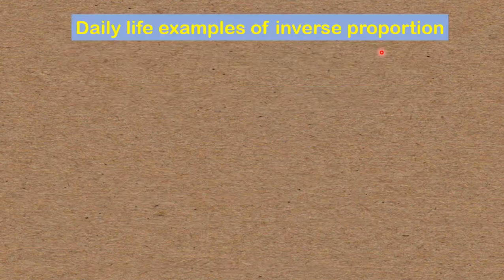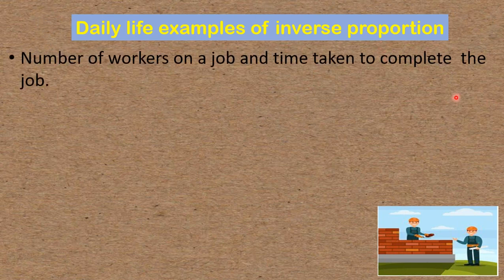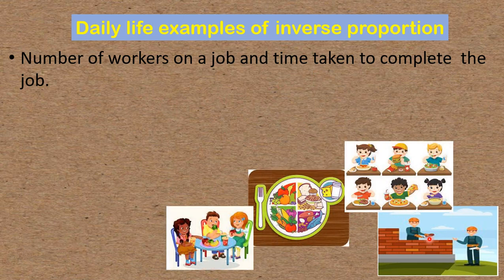We have lots of daily life examples, like the number of workers on a job and the time taken to complete the job, both are inversely proportional. As the number of workers increases, the time to complete the job decreases. If the number of workers decreases, the time taken to complete the job will increase.